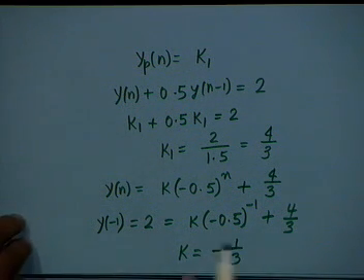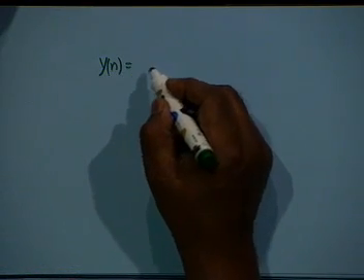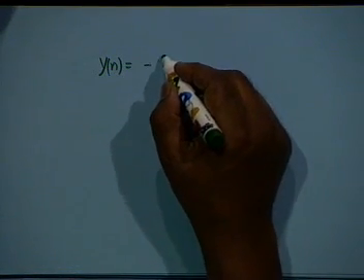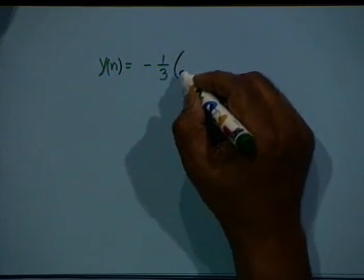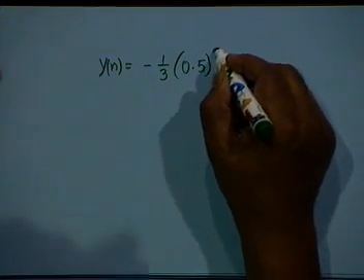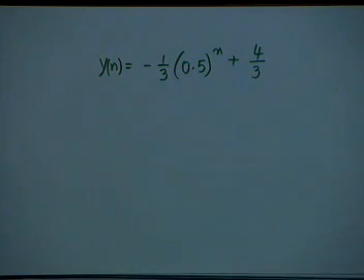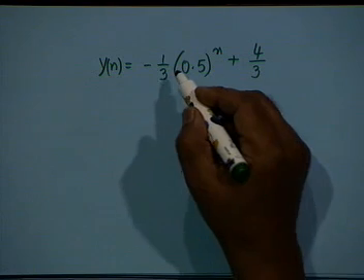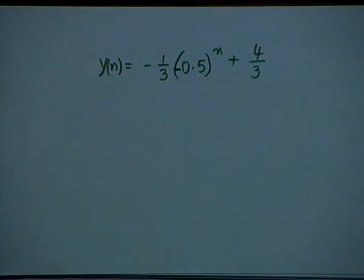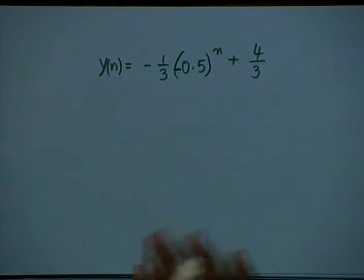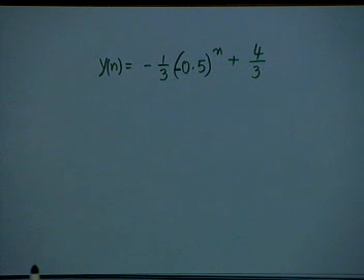I hope I am right, this is my calculation. Therefore, my final solution, the total solution, is minus 1/3 times 0.5 to the power n plus 4/3. You can write it. Pardon me? Minus 0.5, okay. I stand corrected, minus 0.5. So this is the solution.